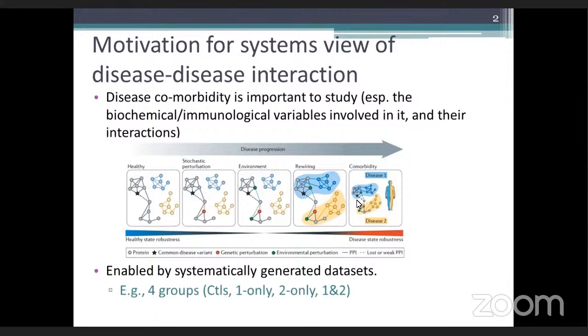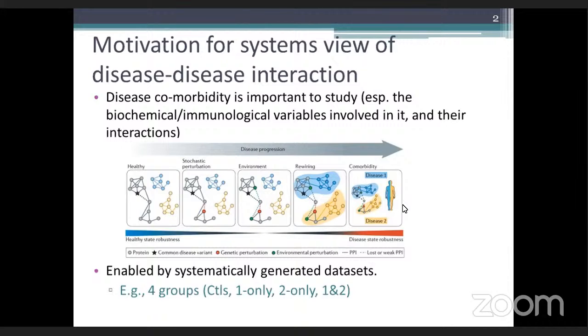If the disease modules are bridged by a central node, or by many other nodes common between the two networks, they are considered important in the comorbidity.